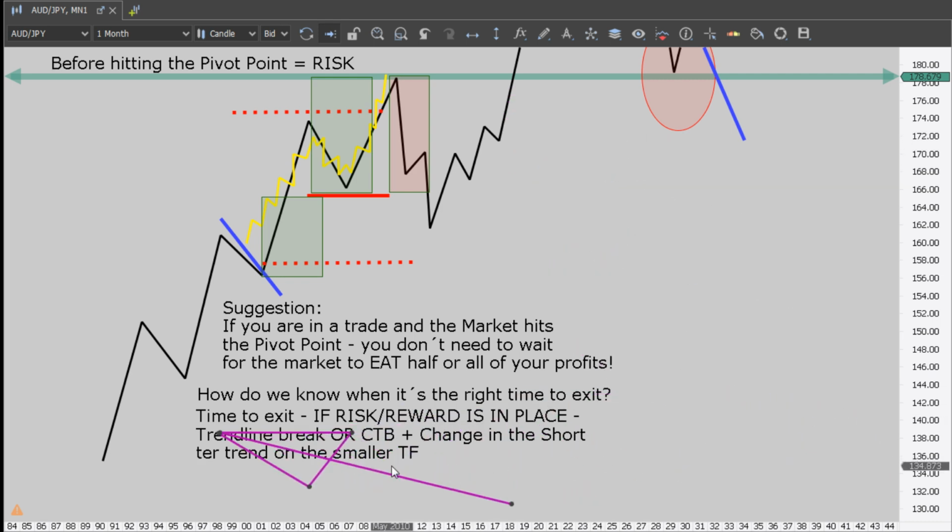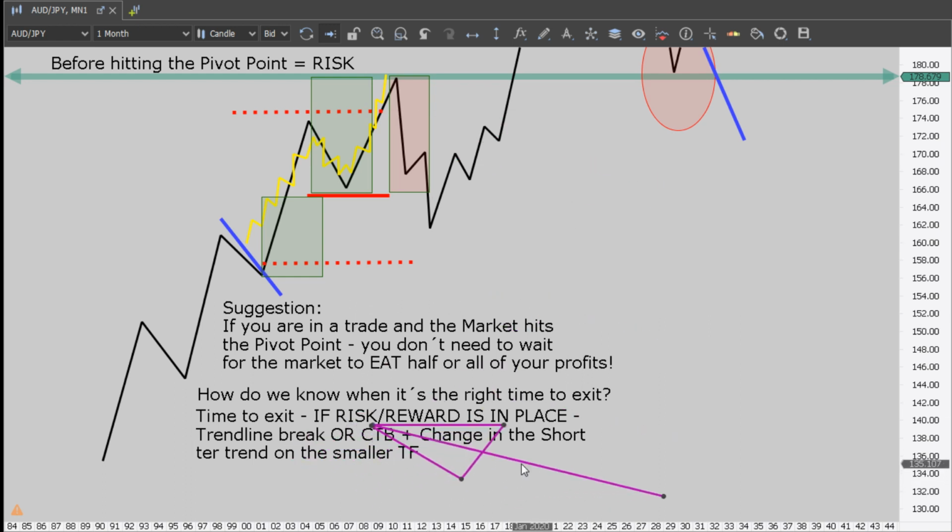We need to have risk reward in place. If you enter here, this is also a bad entry, but you cannot win this one. Most likely you're going to lose. There are exceptions to the rules, because the market is always moving, and sometimes history does not repeat, especially on the smaller time frames.